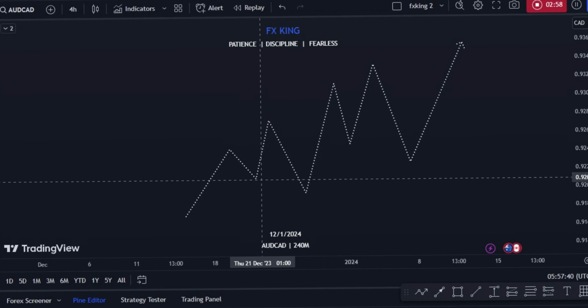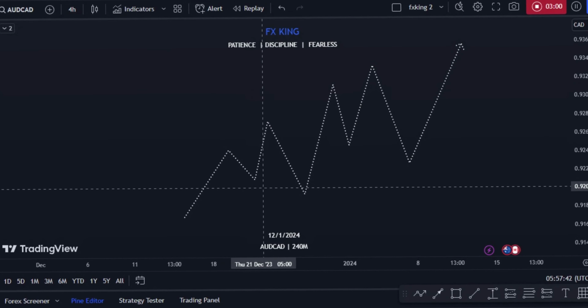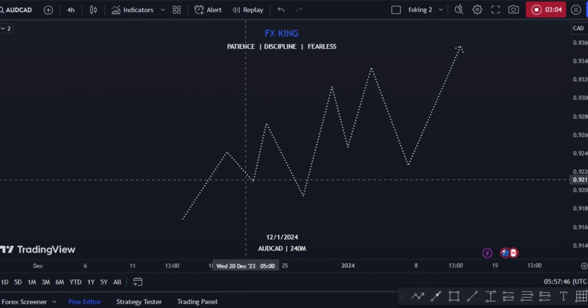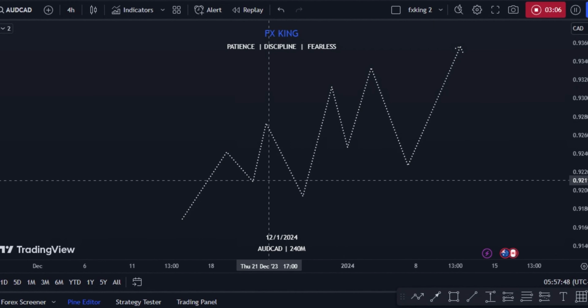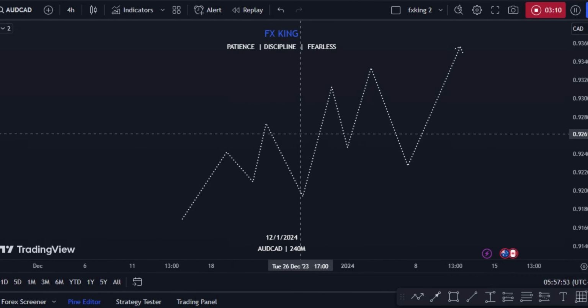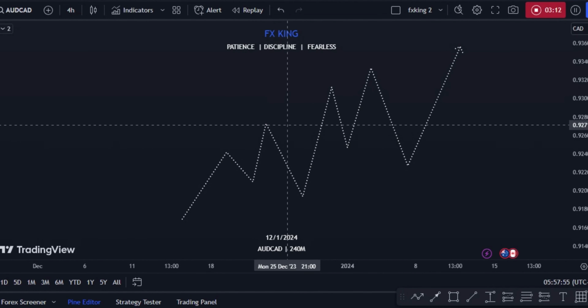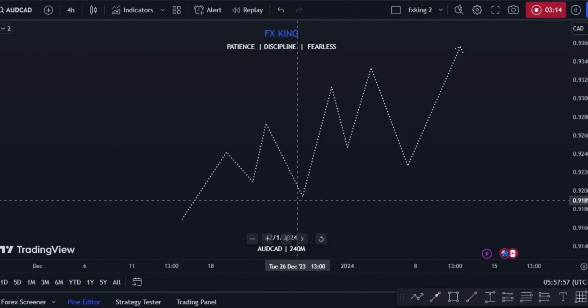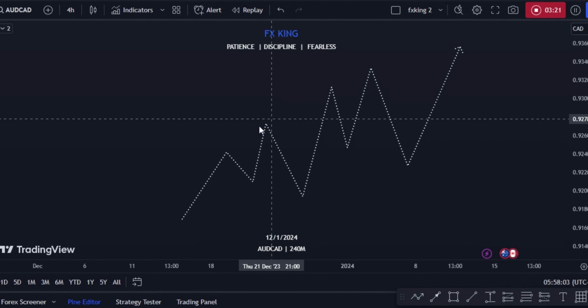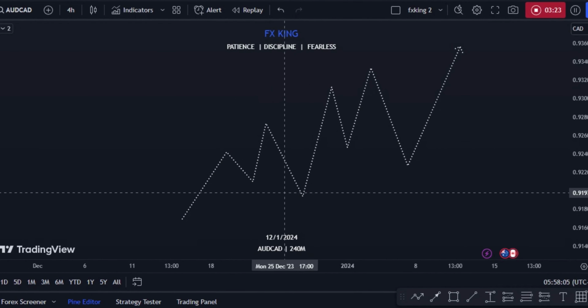Those smart money traders that thought they were avoiding retail liquidity and bought here will end up being the liquidity for the true SMC traders who will enter here after taking out this liquidity. And this will be a valid break of structure.